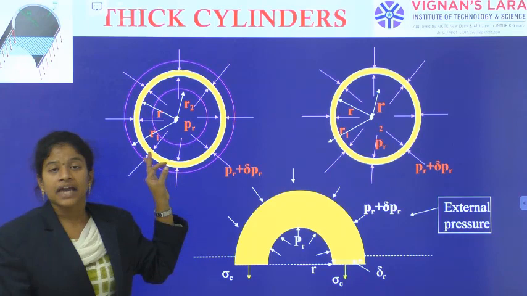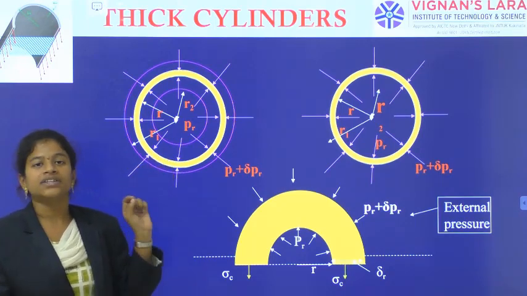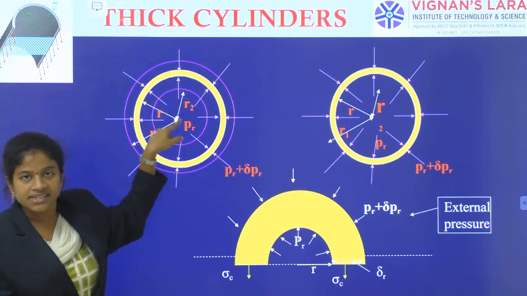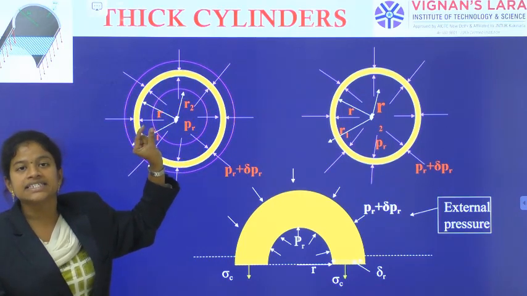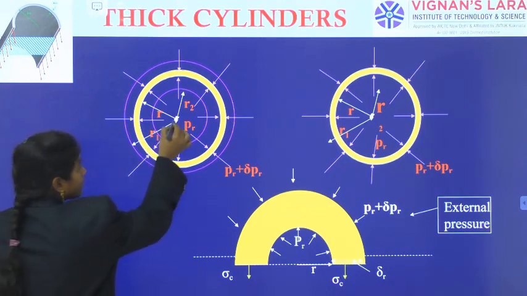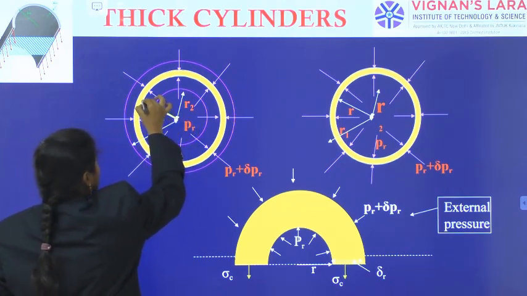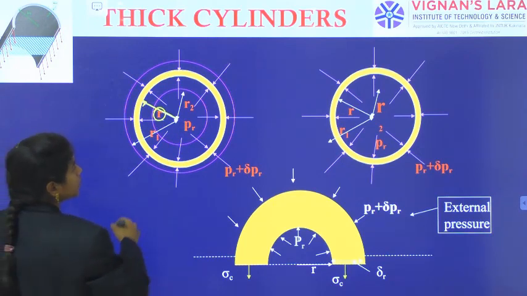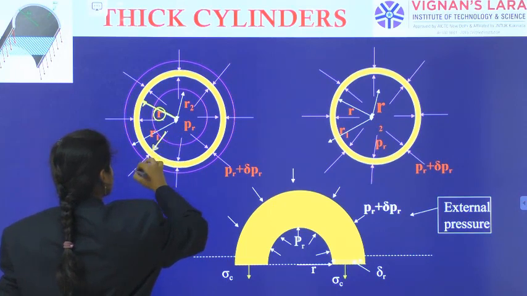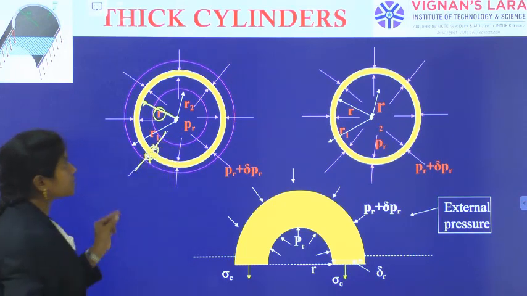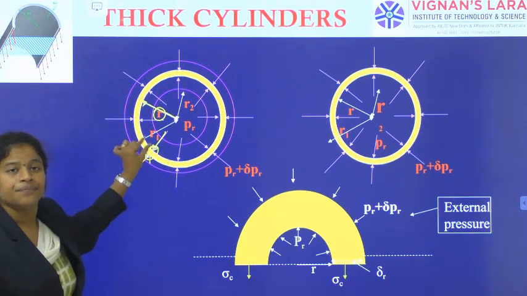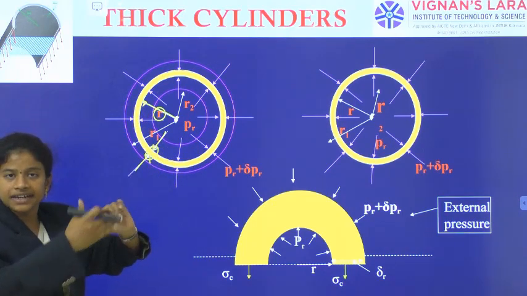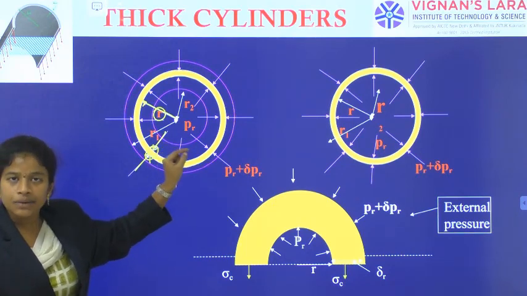In the cylinder, I am considering an elemental ring which is at a distance R from the center. So an elemental cylinder I am observing at a distance R from the center, and its thickness is delta R. Okay, so at a distance of R, I am observing an elemental cylinder and it is showing some thickness. On the inside walls of the cylinder, there will be a pressure of the fluid.